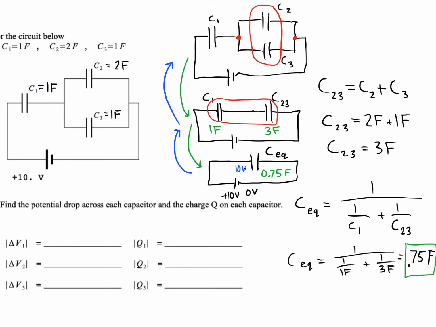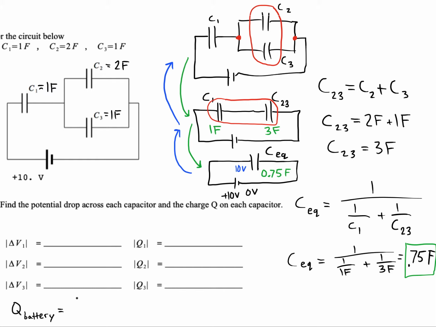Now we can use the voltage and the capacitance to find out how much charge would be on our theoretical equivalent capacitor. All right, so the charge that's on it can be called the charge total, or sometimes people will put charge of the battery because this is how much charge is leaving the battery.